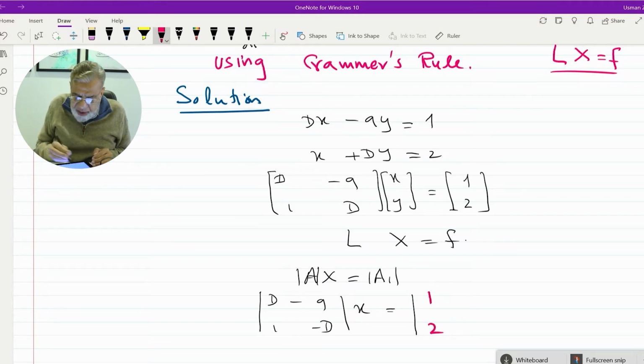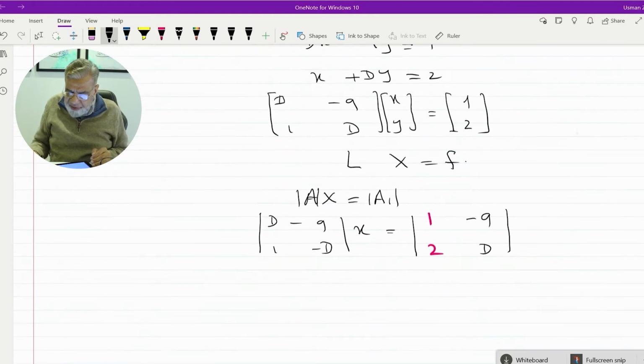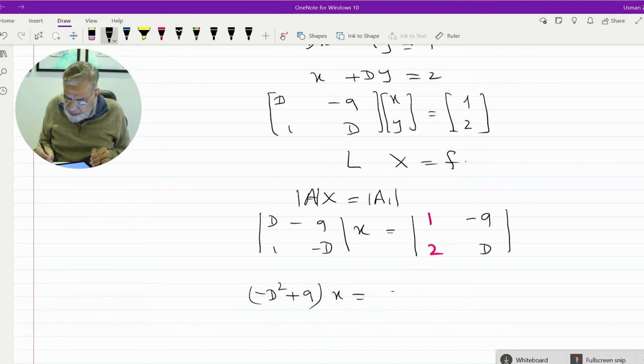So I replace by this one, and then I have 9 and D. Now I can just simplify this one. I get minus D squared plus 9 into x, and differentiating here D by dt, when we multiply 1 we take the derivative of this one, and plus 18.